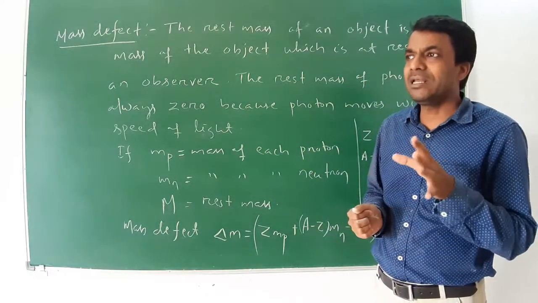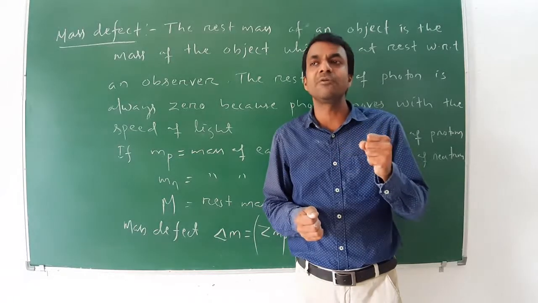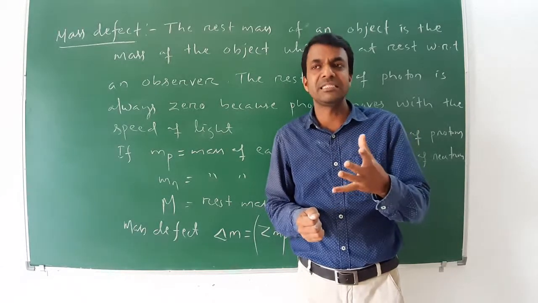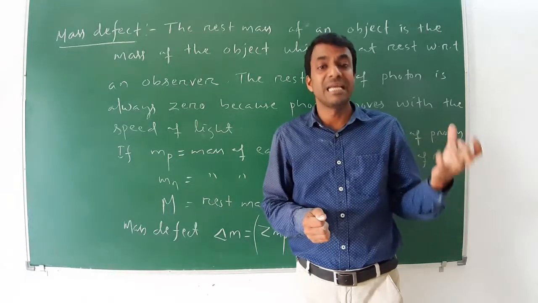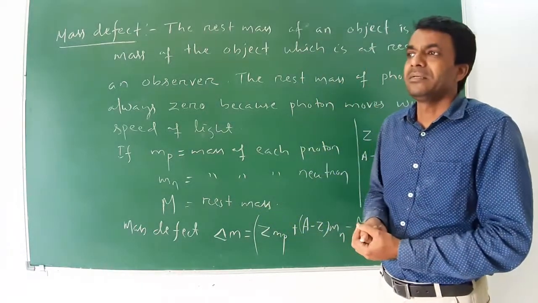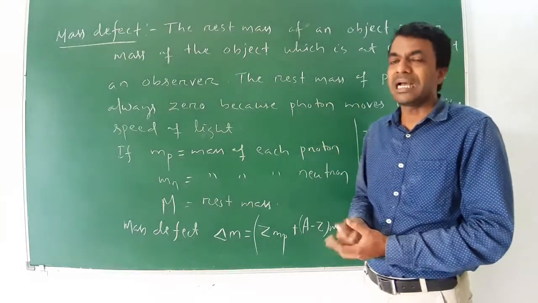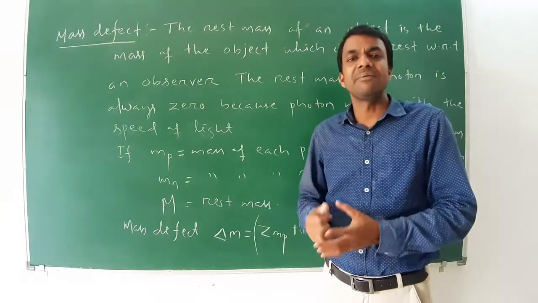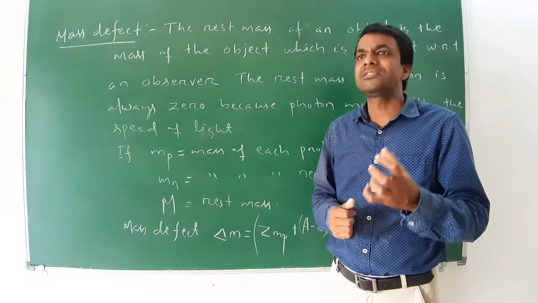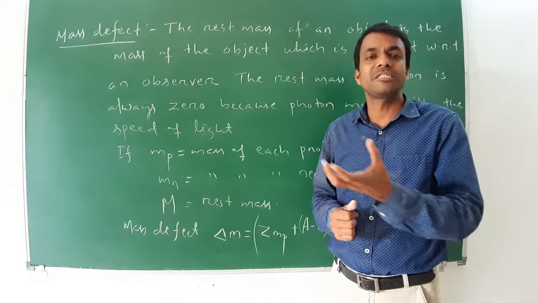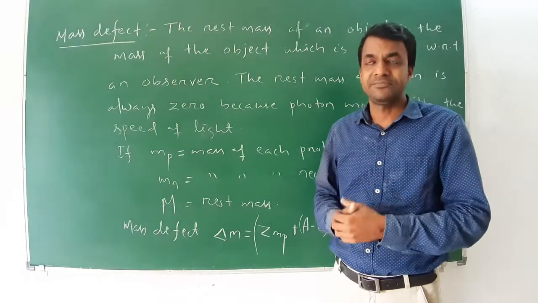But actually the substances which are moving with the speed of light cannot come to the rest state. Their rest mass is zero, like photon, gamma rays, etc. The rest mass is always zero, because gamma rays or photon move with the speed of light and do not come to rest.